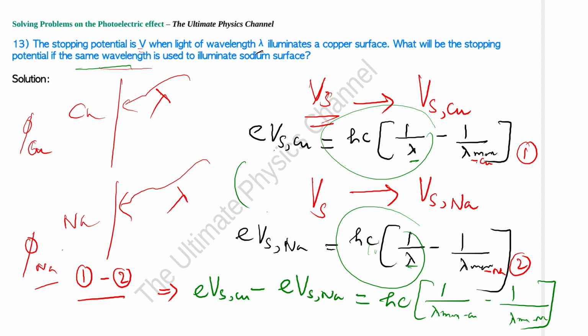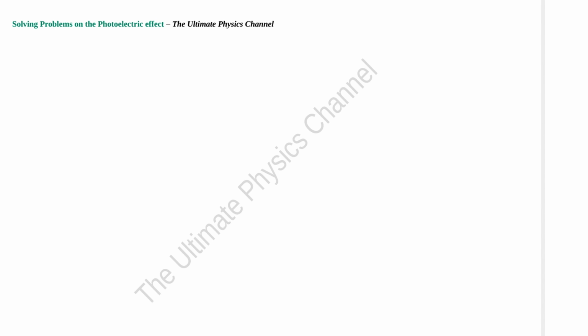So we can proceed using this. On the left side, the electron charge value is the same, and we have Vs Cu minus Vs Na, that is the stopping potential of copper minus the stopping potential of sodium, times e, the electron charge.